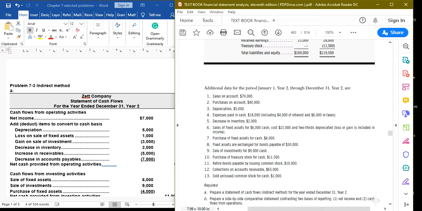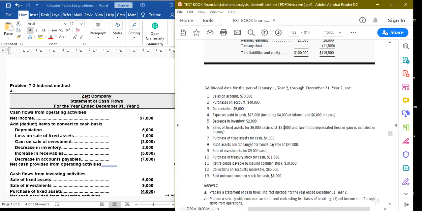Now, sales on account of $70,000, purchases on account of $40,000, depreciation expense paid in cash, okay, including $4,000 of interest and $6,000 of tax, decrease in inventory, sales of fixed assets over here for $6,000, but we also have $21,000, which is the initial cost of this asset that has been sold for $6,000.